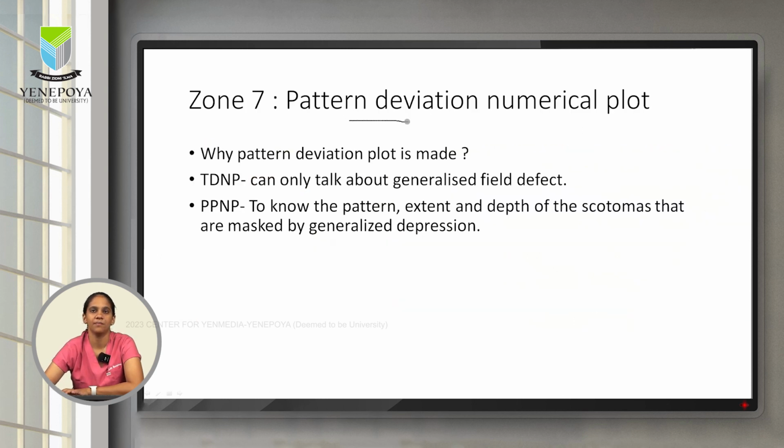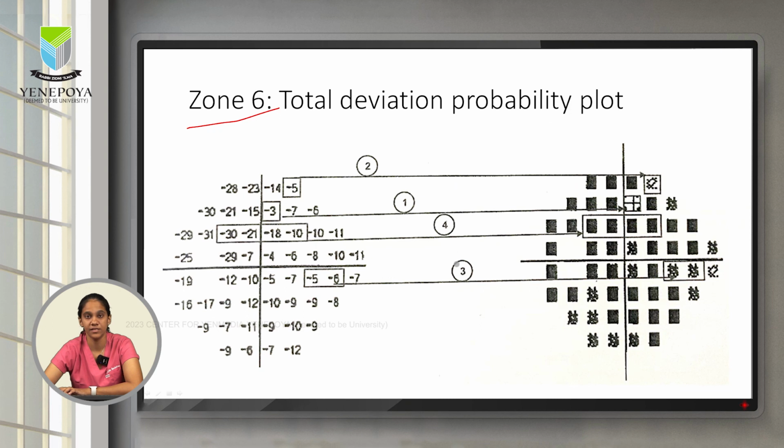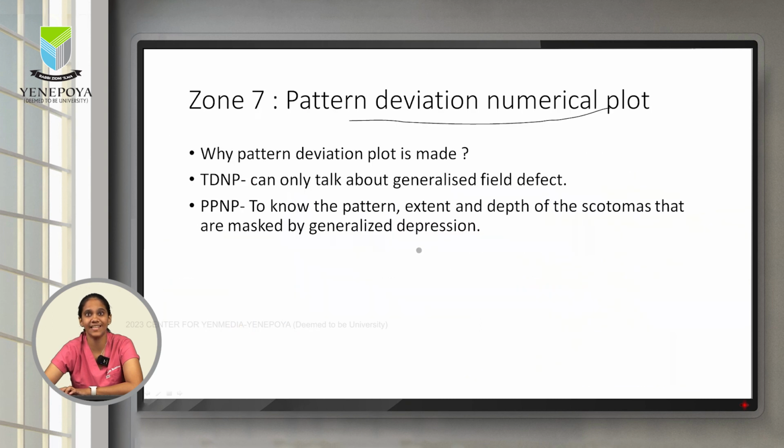Then you talk about the pattern deviation numerical plot. So why do we make this pattern deviation plot? This total deviation plot that we were talking about here is going to talk about a generalized field defect, that is whatever is caused due to uncorrected refractive error, due to glaucoma, all of that is going to be manifested in your total deviation plot.